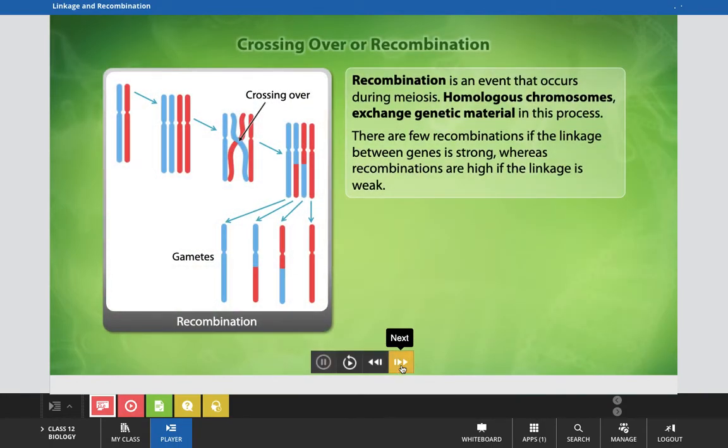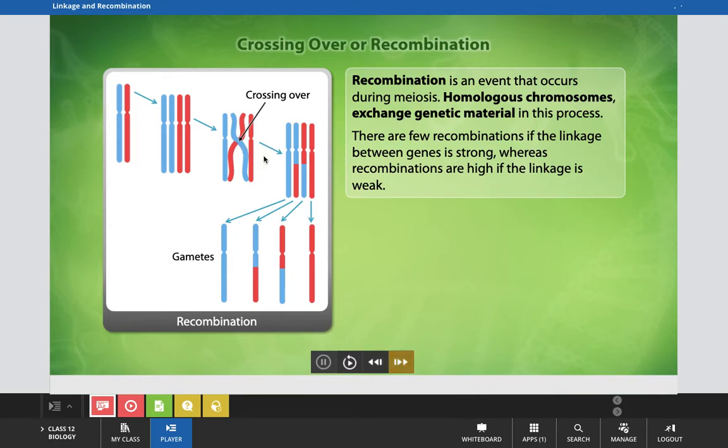Now, the basic concept related to linkage is crossing over or recombination, due to which new recombinants form in the progeny. Recombination is an event that occurs during meiosis where homologous chromosomes exchange genetic material.